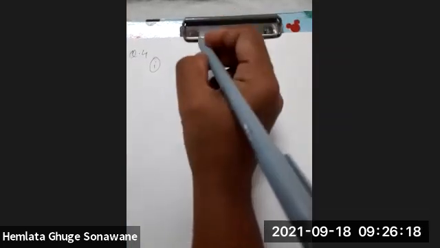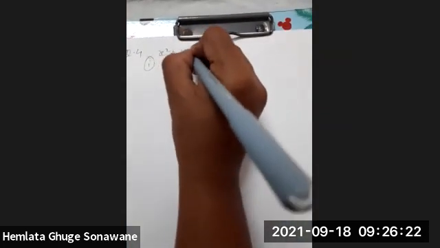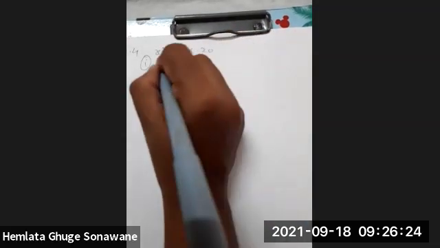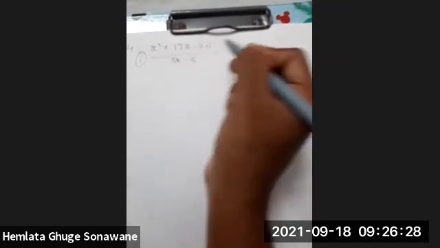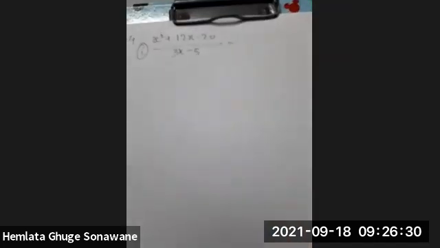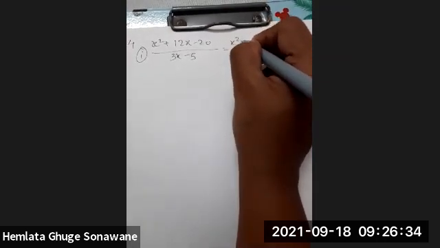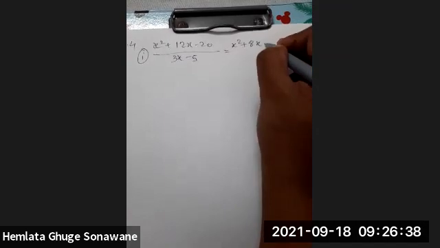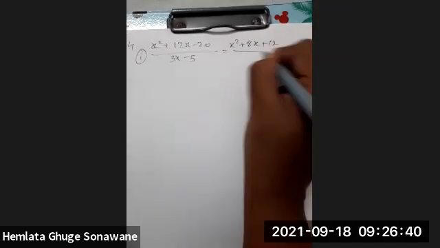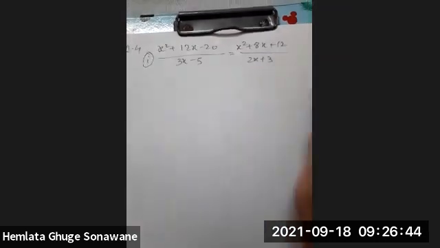First one is (x square plus 12x minus 20) upon (3x minus 5) is equal to (x square plus 8x plus 12) upon (2x plus 3).